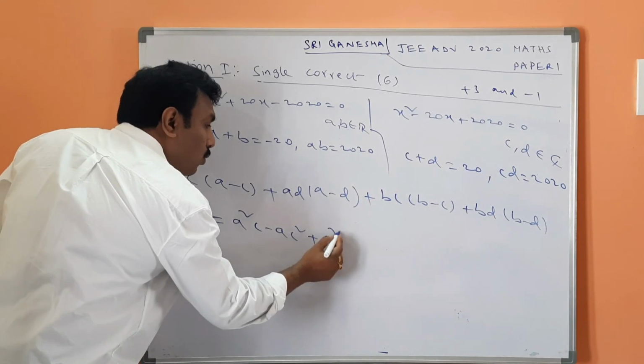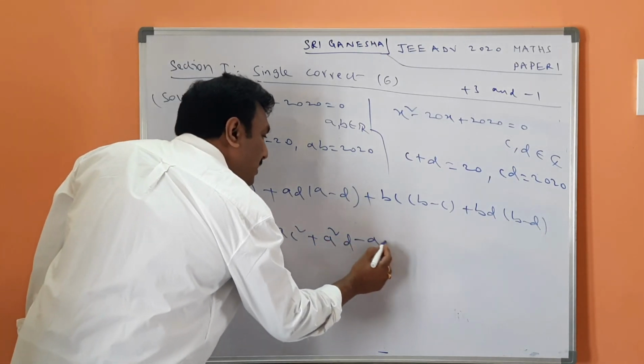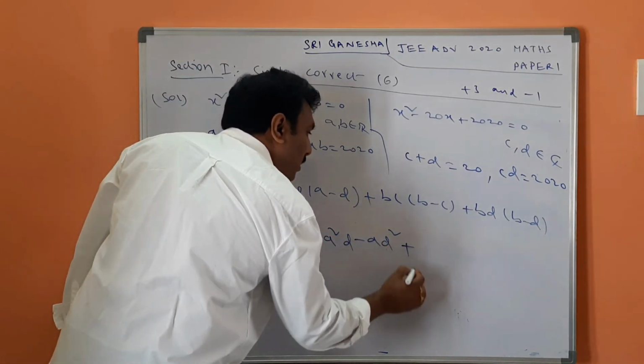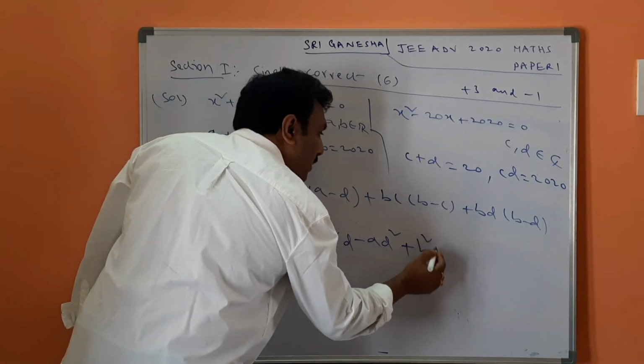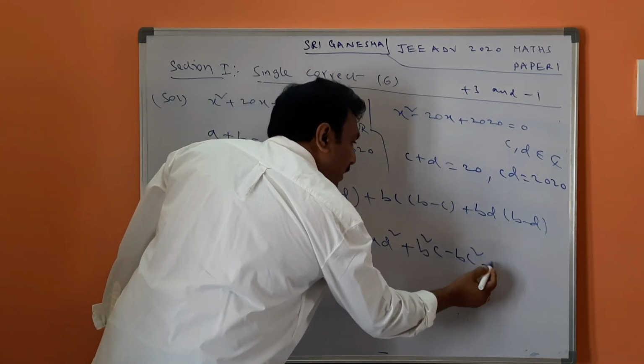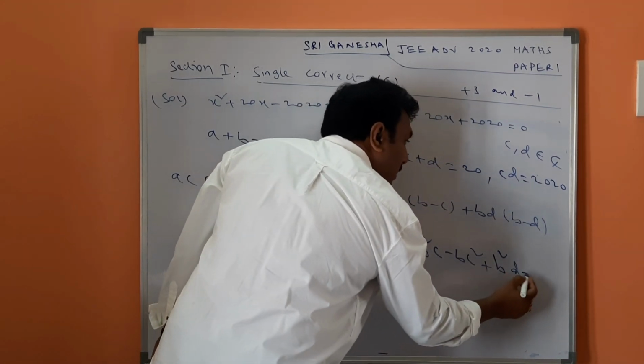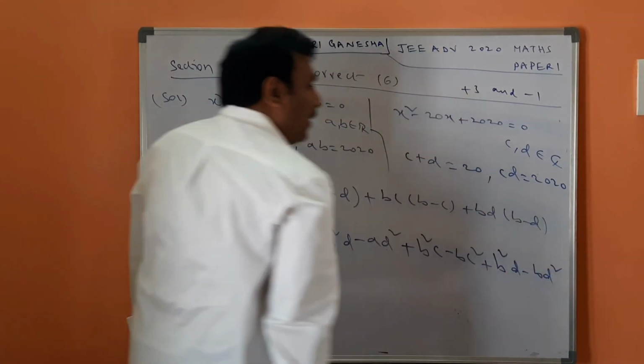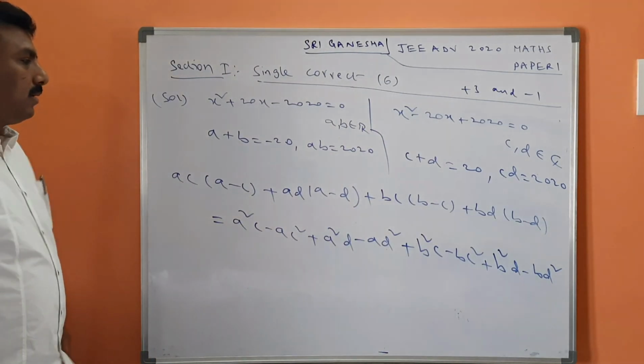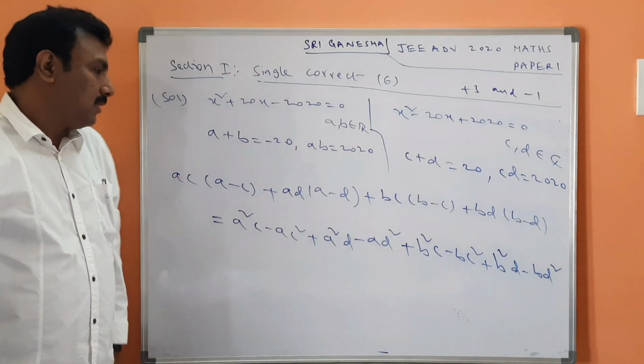For the second one, a square d minus ad square, plus b square c minus bc square, plus the last one, b square d minus bd square. Okay, on direct multiplication we got this.